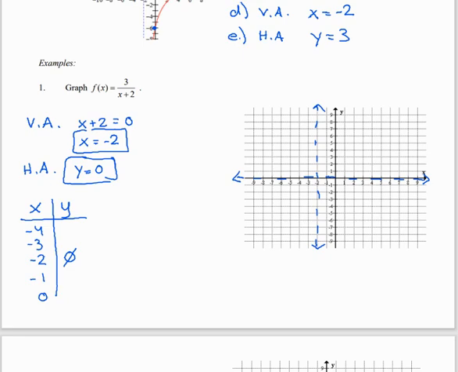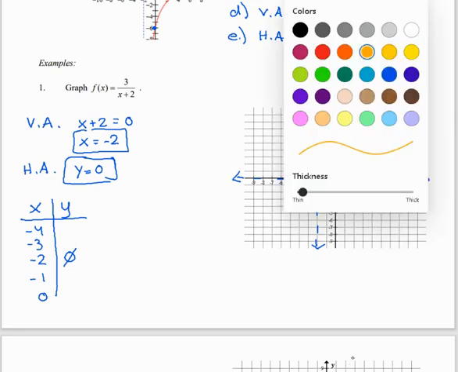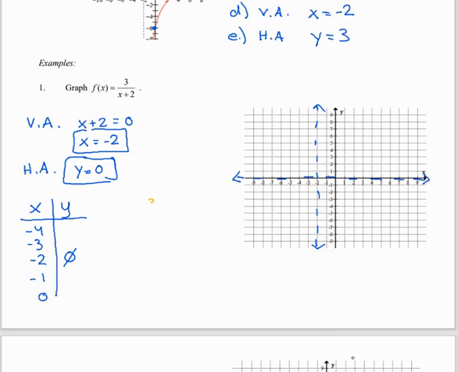Okay, so now let's actually plug those values in. When I plug in -4, and you can do that out on the side or however you'd like, this would be 3 over -4 plus 2. That gives me 3 over -2, so we get -3/2. Now let's do negative 3. This would be 3 over negative 3 plus 2, which gives me 3 over negative 1, which is negative 3.